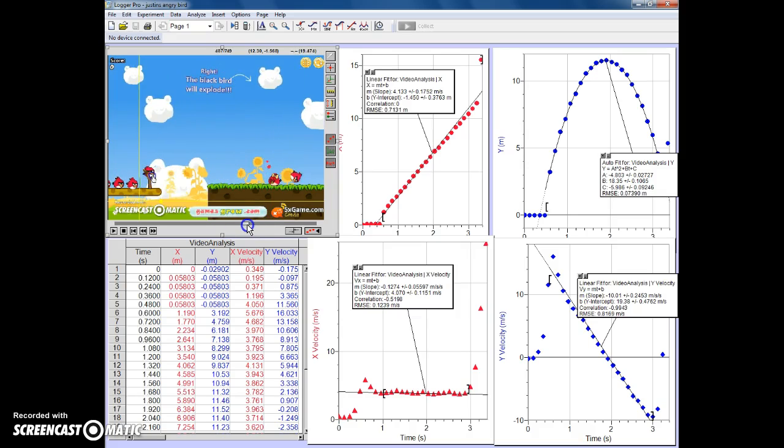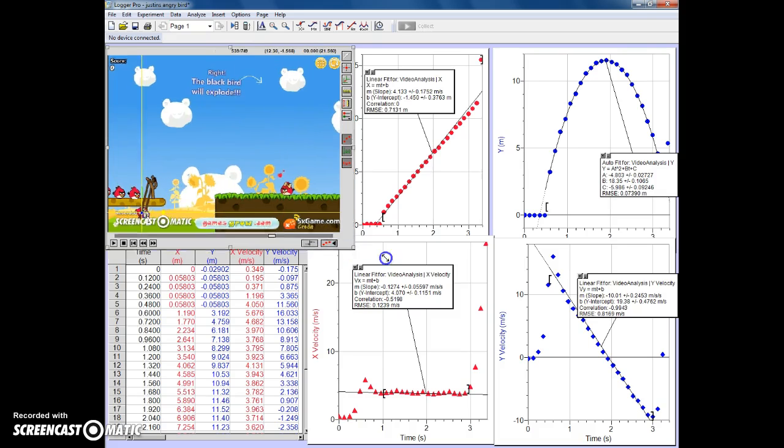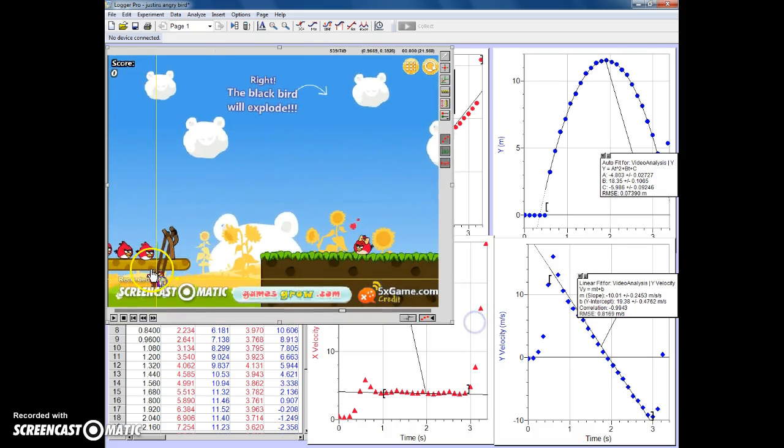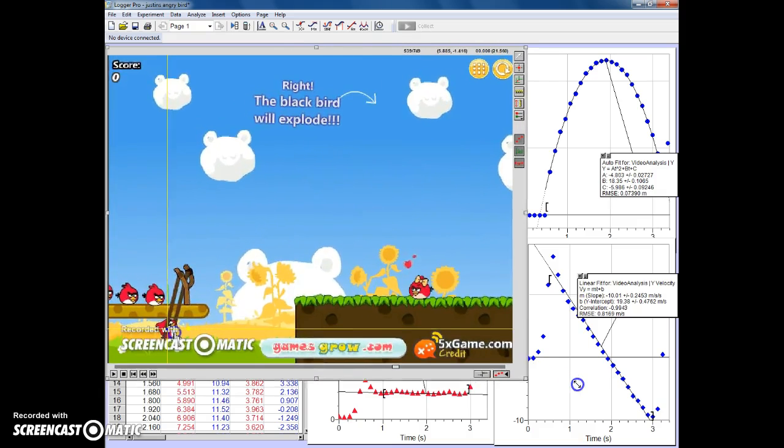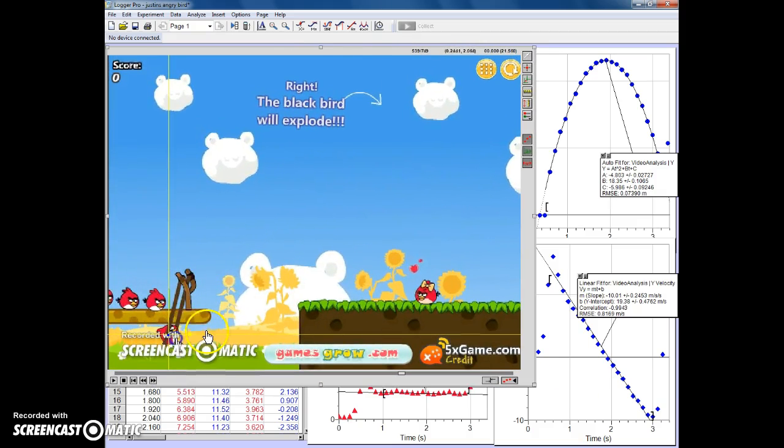The first thing I did with the game was, I don't know if you can see it here, but there's this green line.